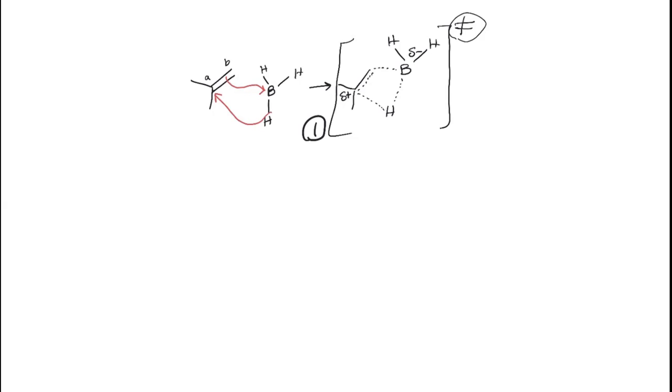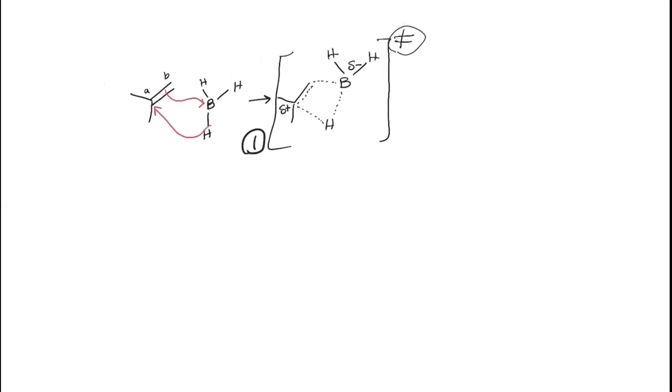So the other possible transition state is this, and I will draw it with yellow. And I call this one 2.